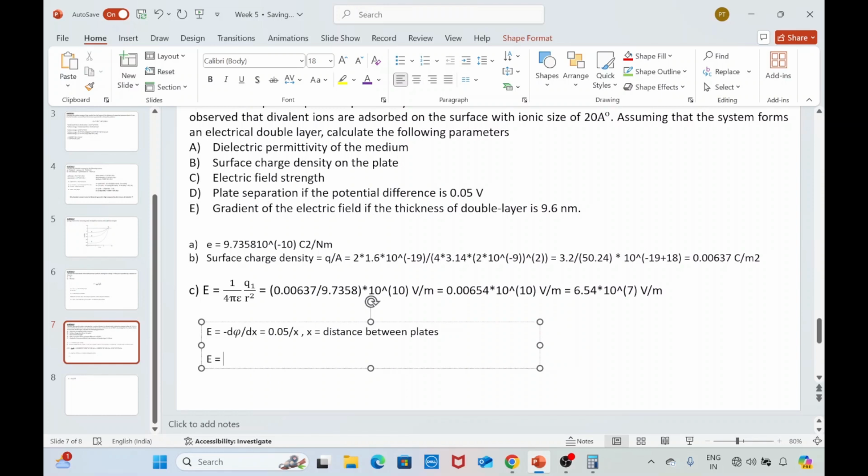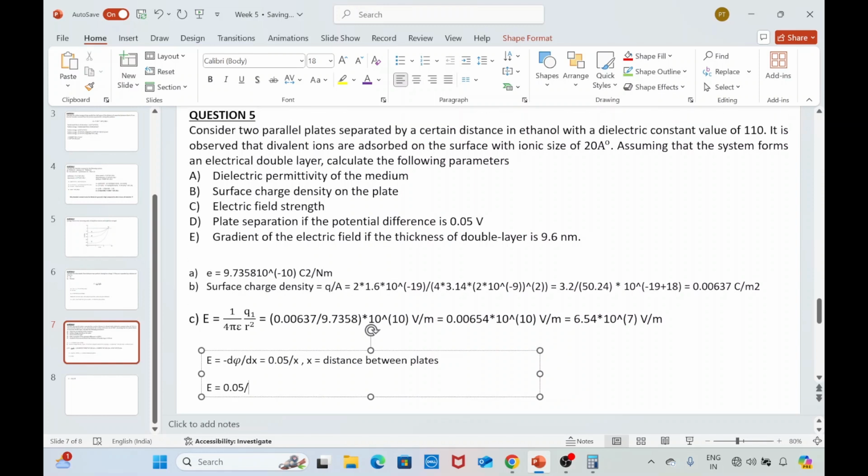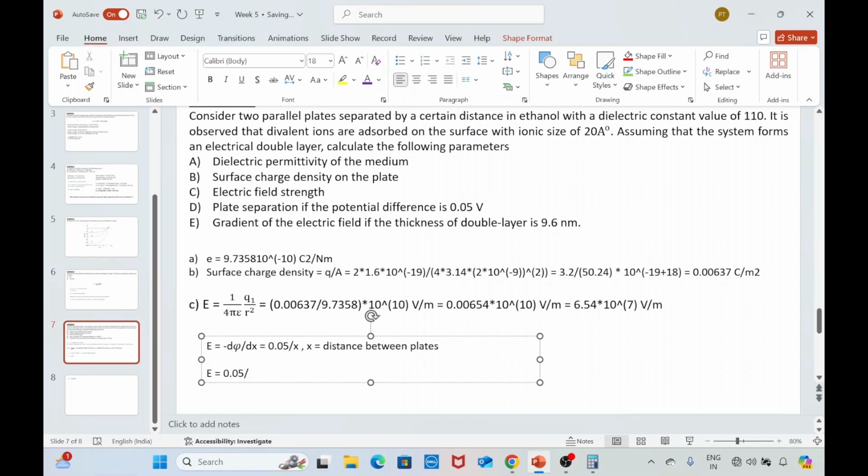Now you need to calculate the separation distance. That will be 0.05 divided by the electric field, so you can express this equation as x equals psi by E. The electric field strength value is 6.54 times 10 to the power 7.